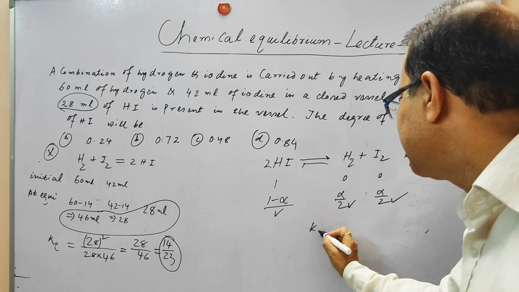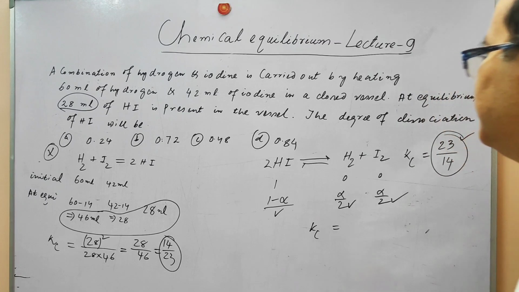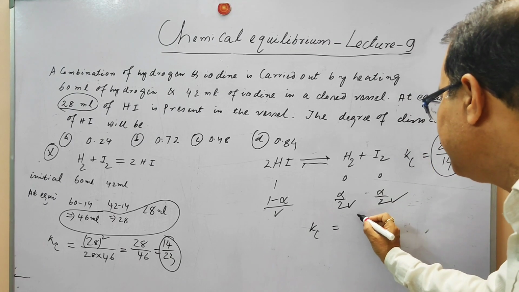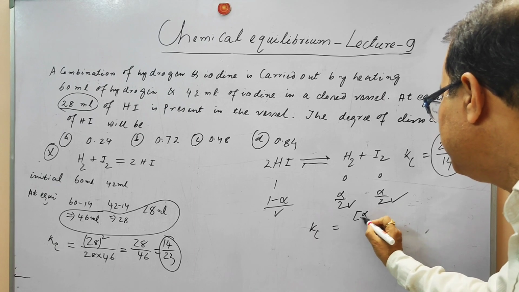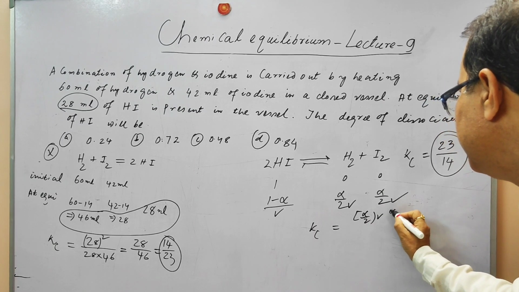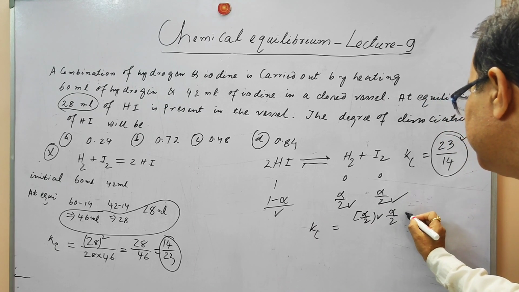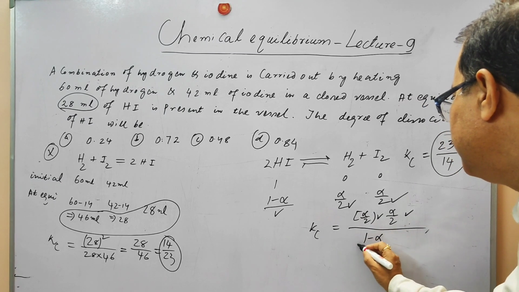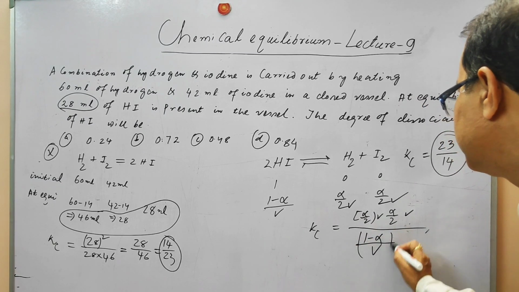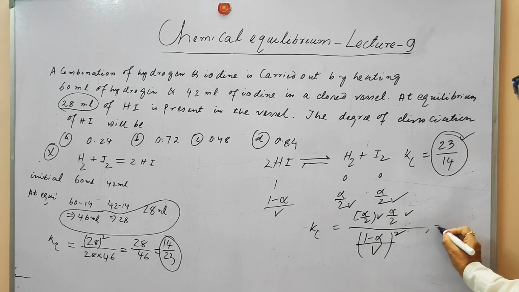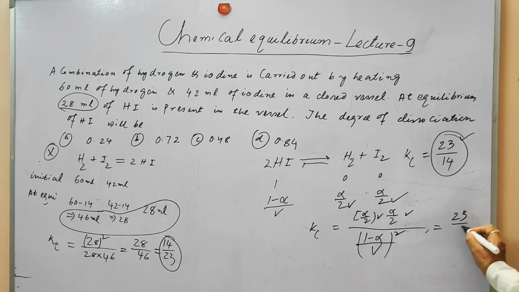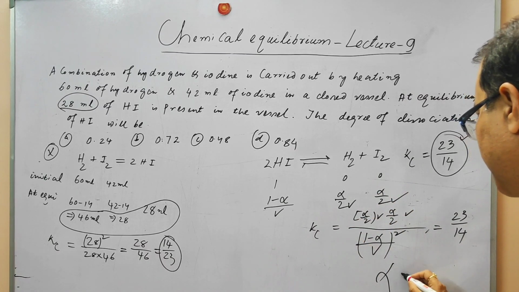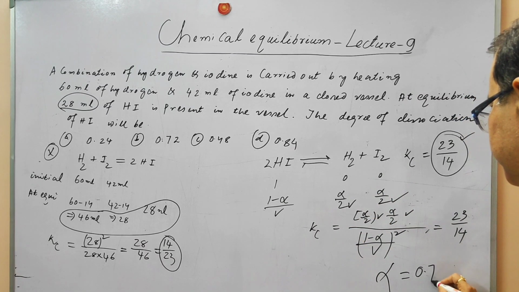With this, we again calculate the Kc. This will be alpha by 2 into V, alpha by 2 into V, and (1 minus alpha) by V, the whole square, and it will equal 23 by 14. If we simplify it, we will find alpha is 0.72.